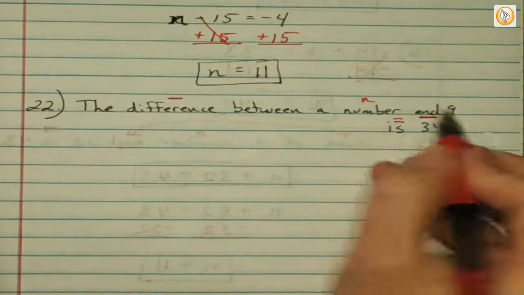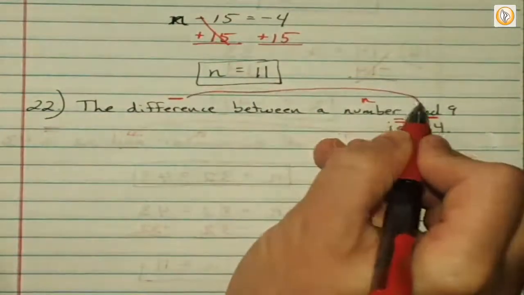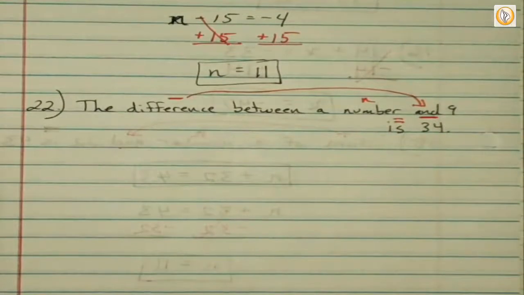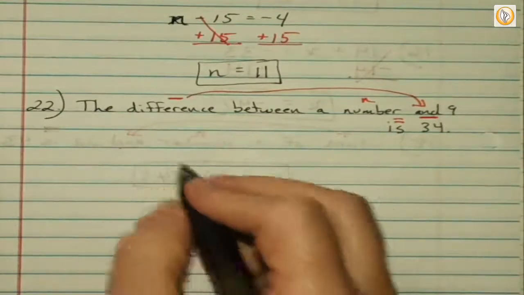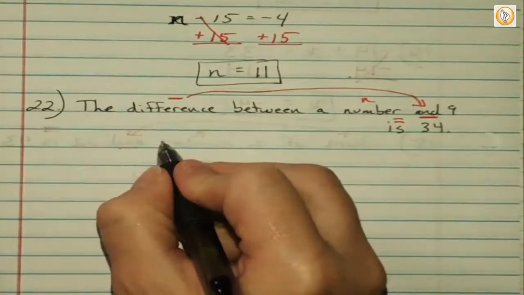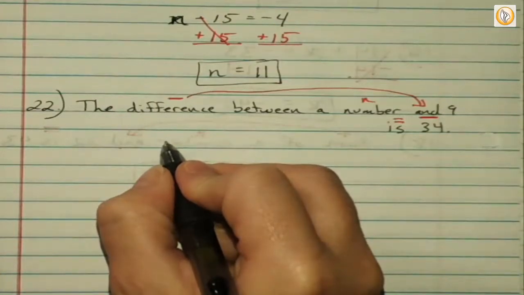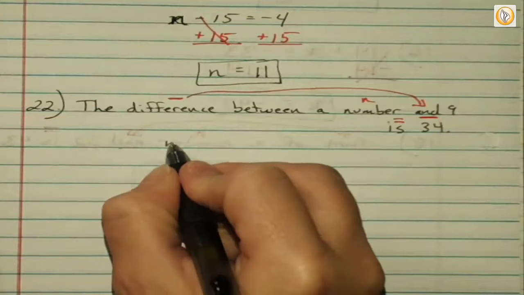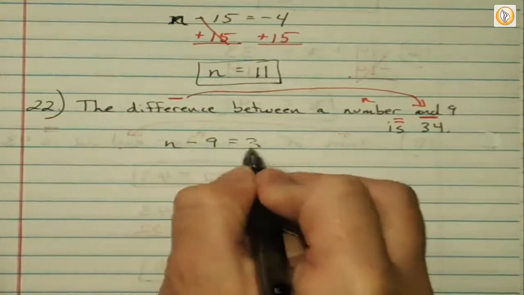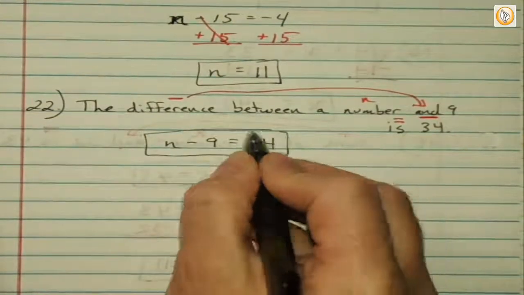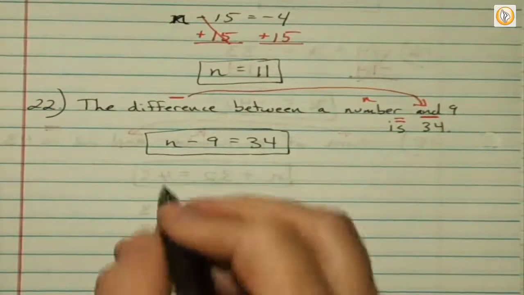Yep, right there. So once you're ready, tell me what your equation's going to look like. n minus 9 equals 34. She's correct. That's your first answer.